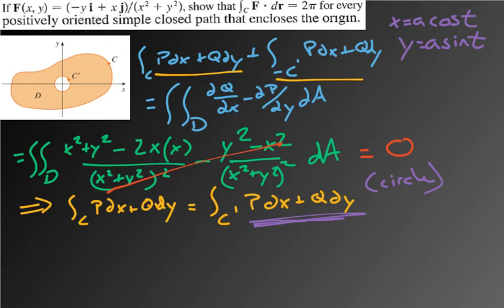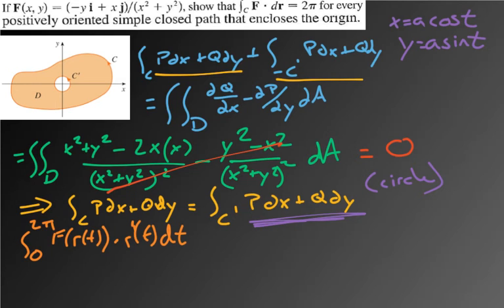Now you can actually do out this line integral. We want to go from 0 to 2 pi because we want to go full circle. Then we do F of r of t dotted with r prime of t dt. This is just my normal line integral.